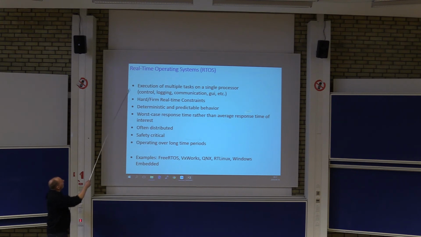What is different with a real-time operating system is that you have tasks in the same way, but now you have hard or firm real-time constraints, which you typically don't have on your desktop computer.